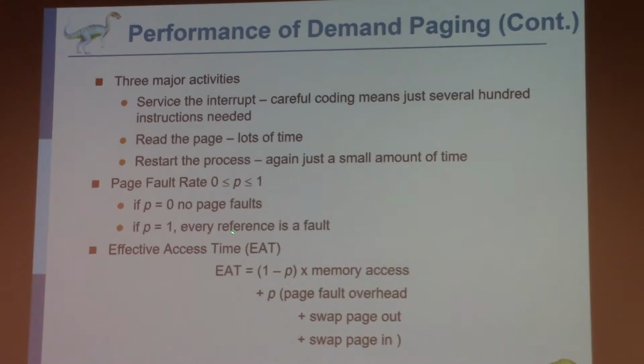In case p is equal to 1, no page fault, all of them are in the physical memory. Otherwise, we need to calculate the overhead of page in and out. Page fault overhead is a little bit of latency to raise the page fault trap, then call the program, and the more important thing is the page in and out overhead.